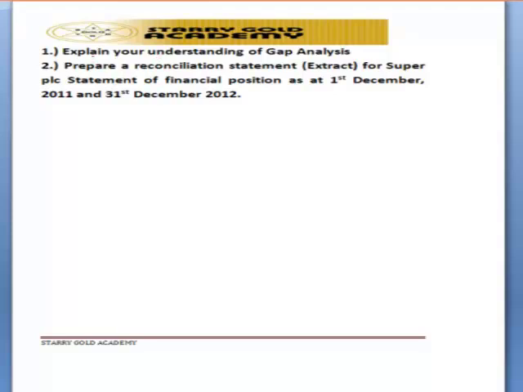Now, the first requirement says you should explain your understanding of gap analysis.